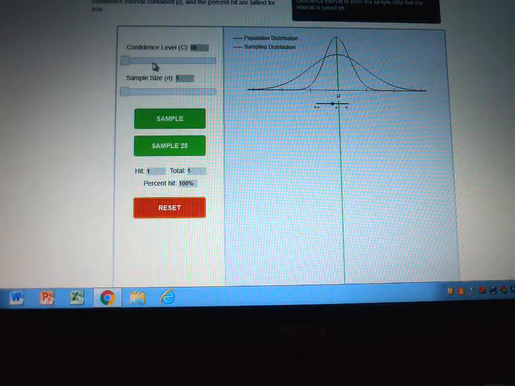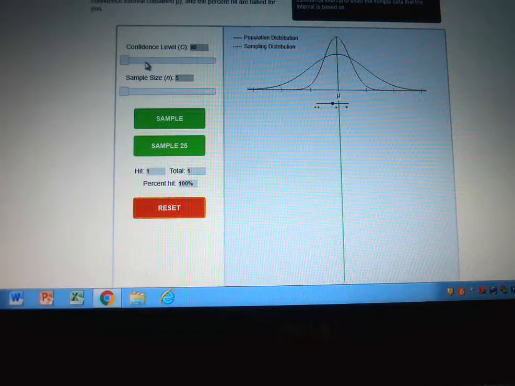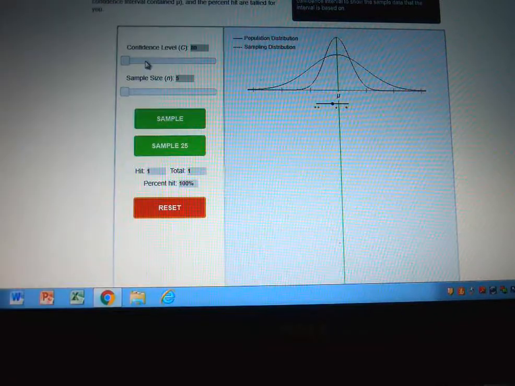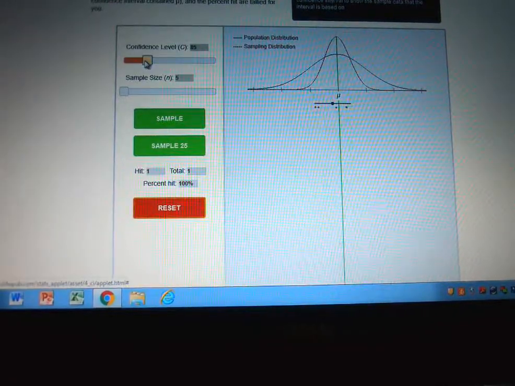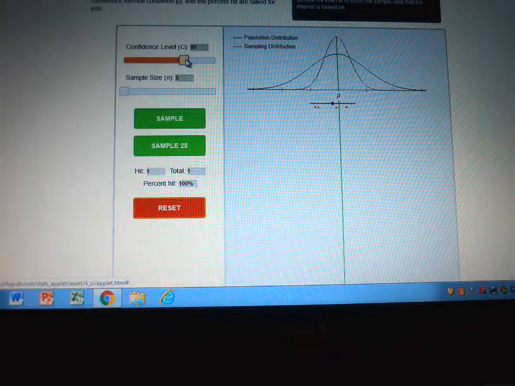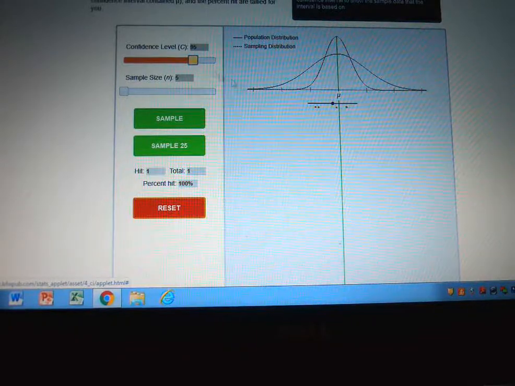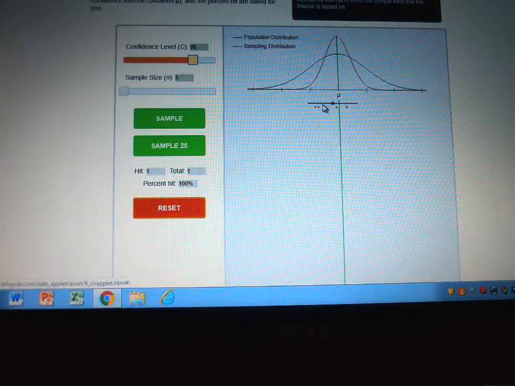Now notice what happens if I make the confidence level larger. Okay, pay attention to what happens on the bar here. I'm going to make the confidence level larger. Okay, as I become more confident, so increase the confidence level, notice that the bar is becoming wider.